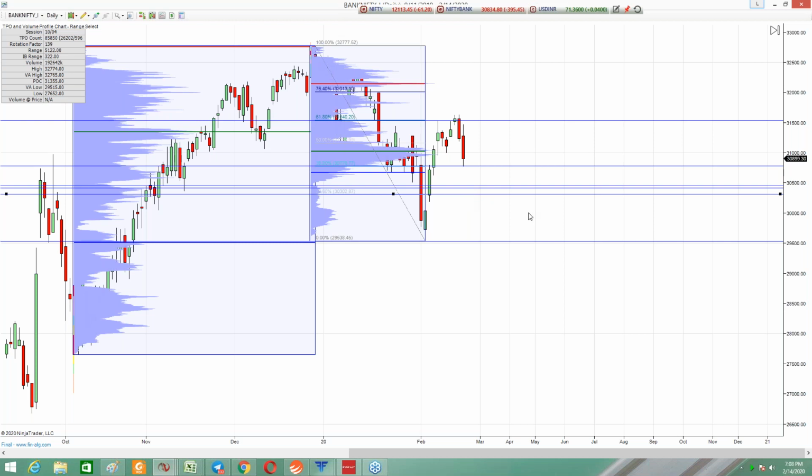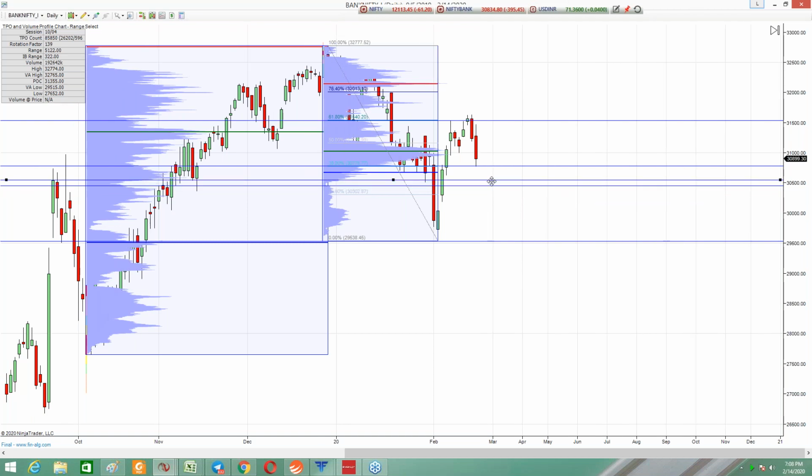So instead of targeting 30,302, I can target 30,360 to 30,460. This is the level which I can definitely target. If at all Bank Nifty is opening gap down and pushing the prices further down, then this area, 30,460 to 30,360, is the first area which will definitely act as the biggest support for Bank Nifty, right?